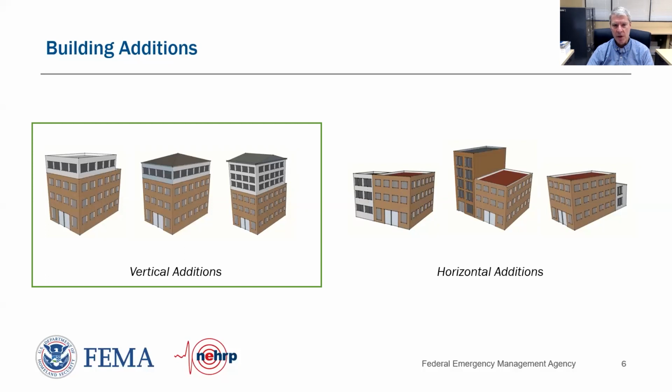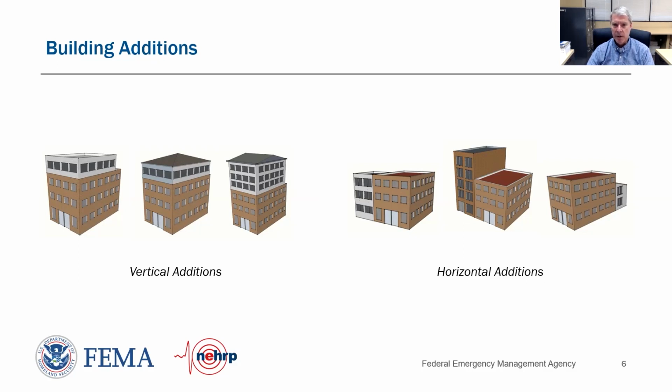And so we've got vertical additions that we have to deal with. Were they designed with the same type of materials and lateral system, to where when we score them, they're reflective of the building type that we've selected to be representative of our building?